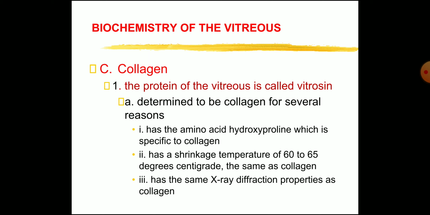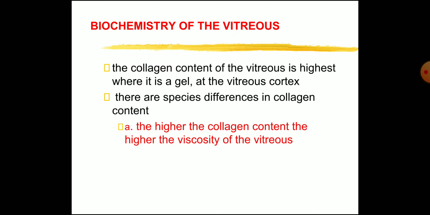It also has the same X-ray diffraction properties as collagen. That is why this protein of vitreous, vitrosin, is considered a collagen.